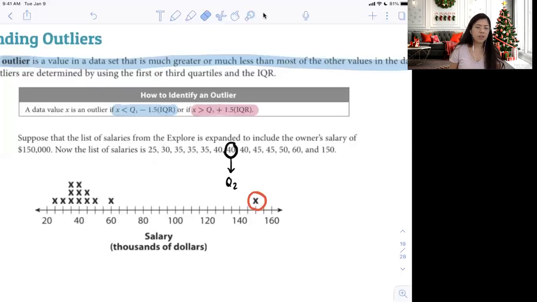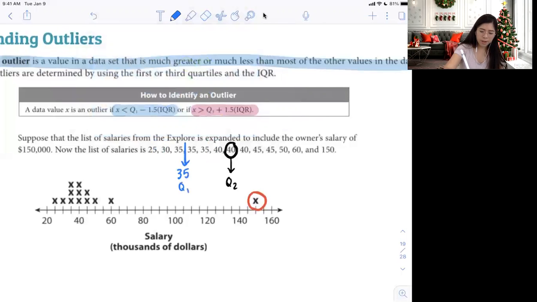No. Remember, when your median is a number in the set, not in the middle of two numbers, we ignore it once we split it apart to look for Q1 and Q3. So now I'm looking for Q1. 35. It's right between these two. So that's my Q1.